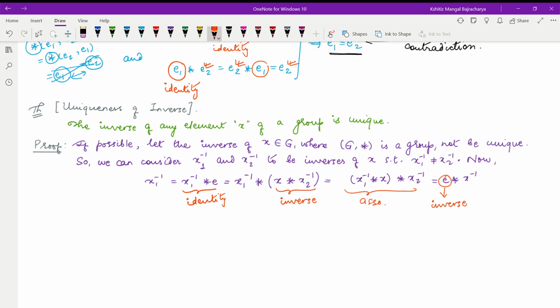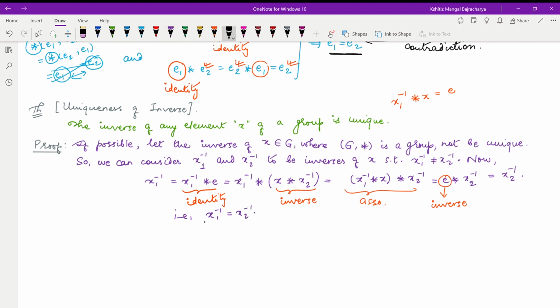Okay, because since this is an inverse of x, we're going to get this to be equal to E. So x2 inverse, we're going to get x2 inverse, which is also because of the definition of an identity, because identity star an element gives the same element. Okay, so what do we get? x1 inverse equal to x2 inverse.